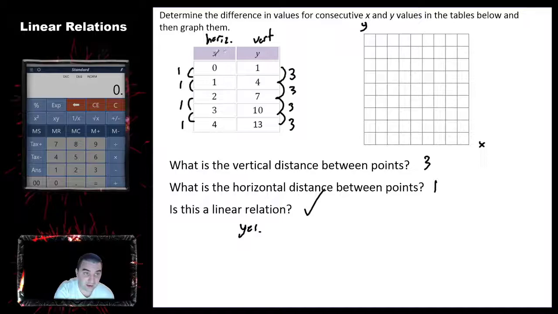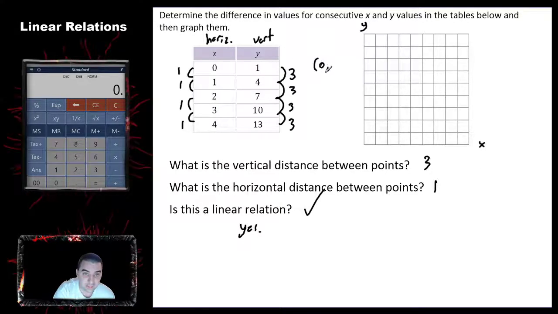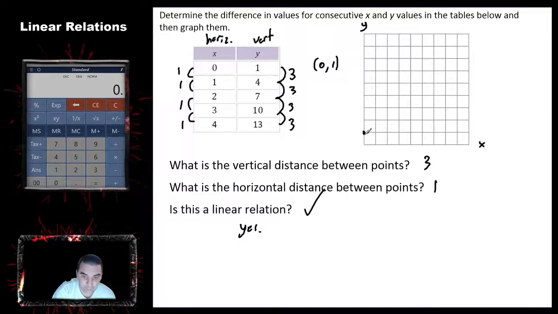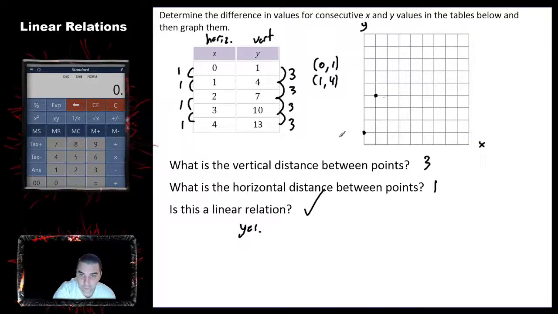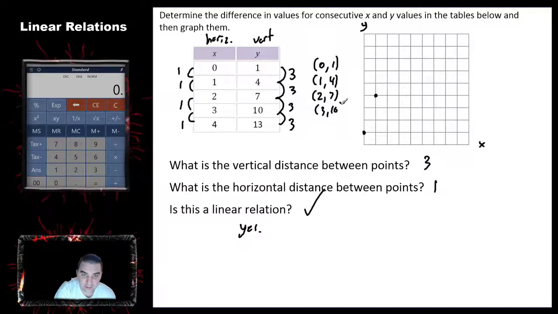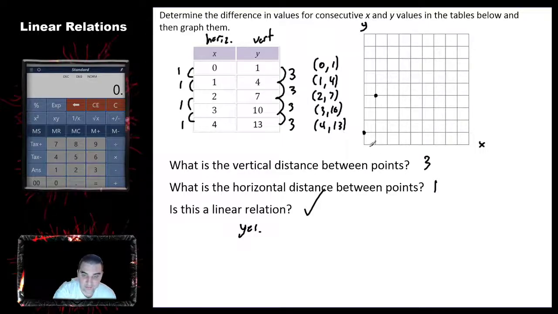Okay? Let me quickly plot the points here. So I have x and y. That makes the point 0, 1. Then I have 1 and 4. 2 and 7. 3 and 10. I'm going to run out here because my graph doesn't go large enough.